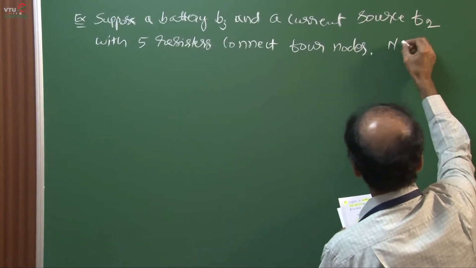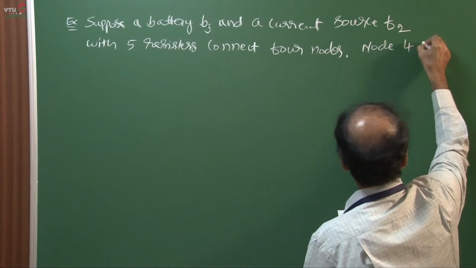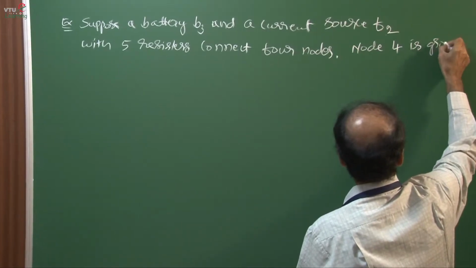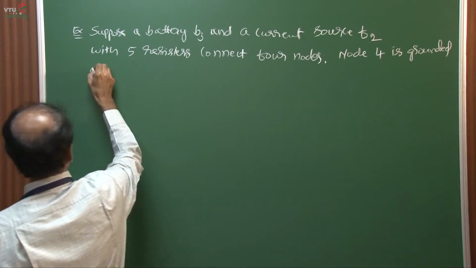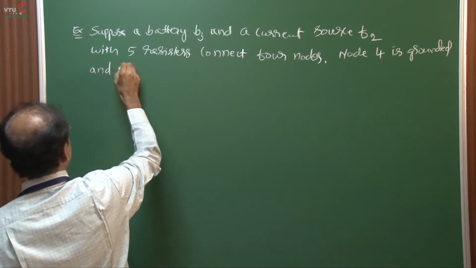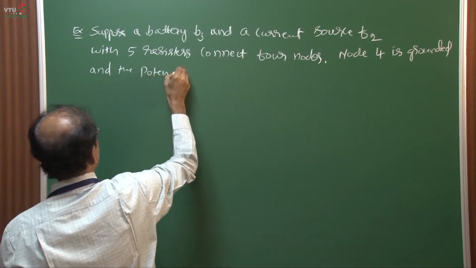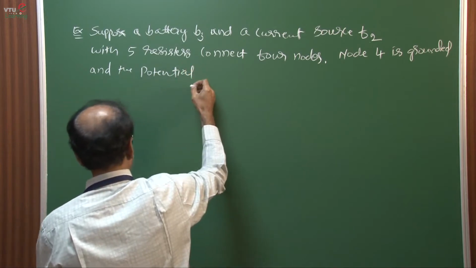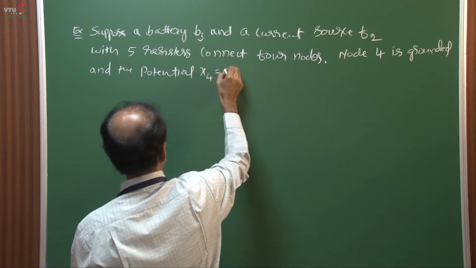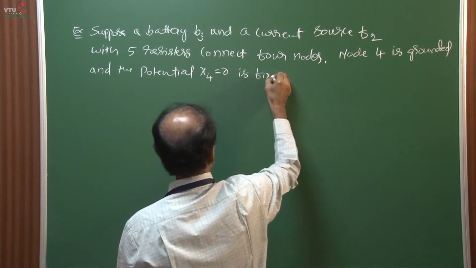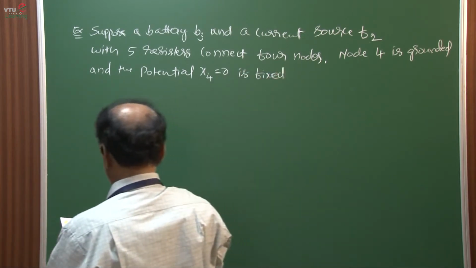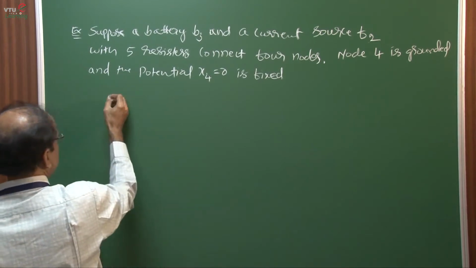Node 4 is grounded. And the potential X4 equal to 0 is fixed. Potential X4 is fixed. The circuit is like this.